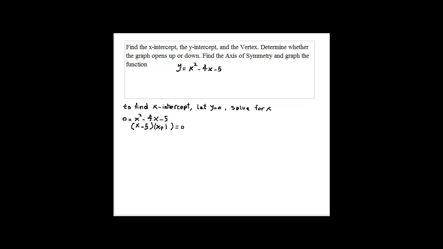So you see we have x minus 5 is equal to 0, so x would be equal to 5, or x plus 1 is equal to 0, so x would be equal to minus 1. So we get 2 points for the x-intercept.